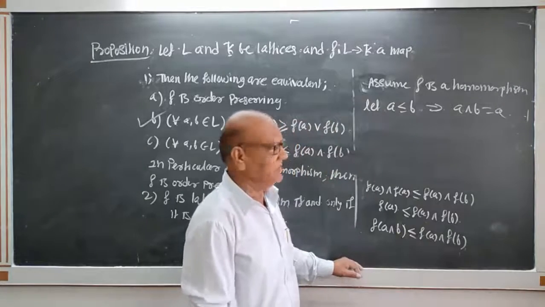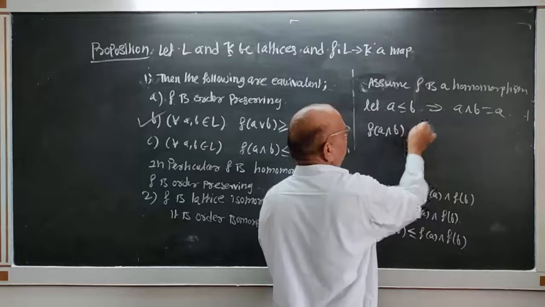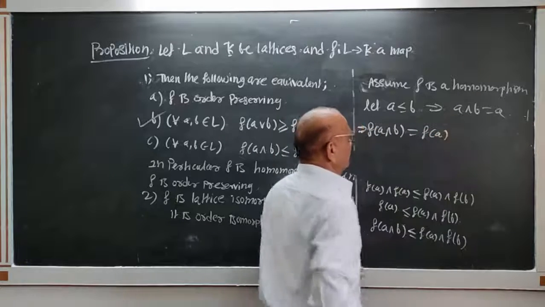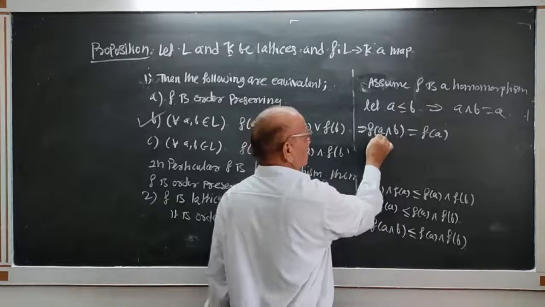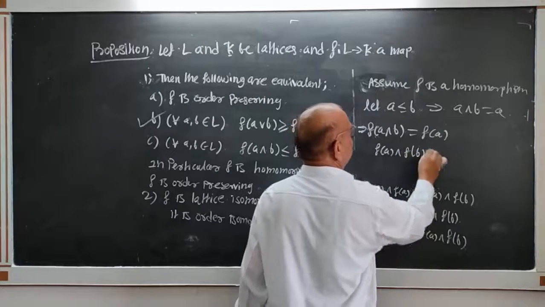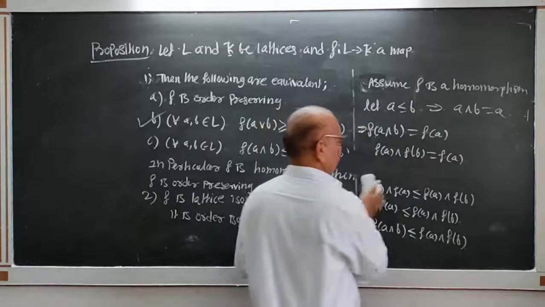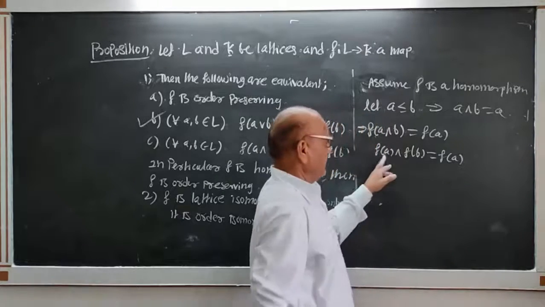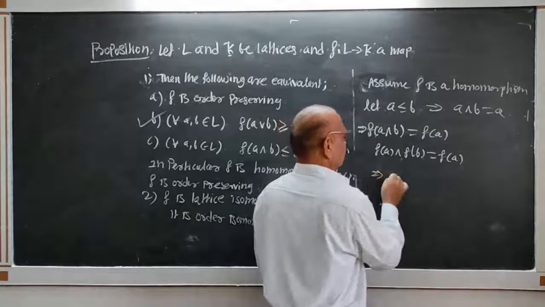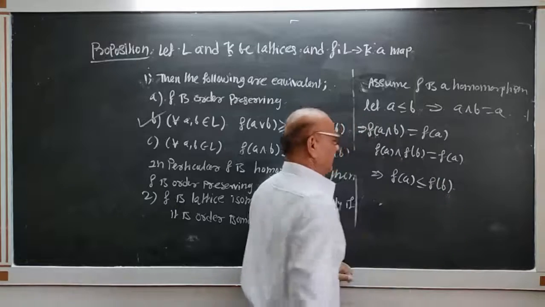This gives f(a meet b) equal to f(a). By homomorphism, f(a) meet f(b) is equal to f(a), and clearly that gives f(a) related to f(b).